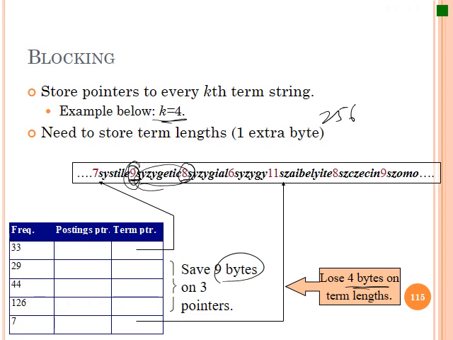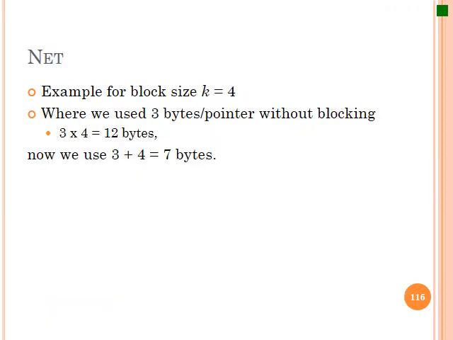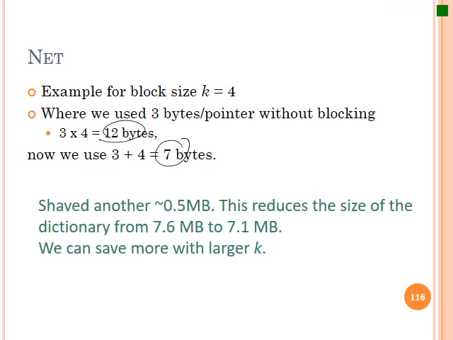You save 9 bytes, so the net gain is that you used 3 bytes per pointer without blocking, which is 12 bytes, and now you use 7 bytes. So that's a further 5 byte saving per block. This will shave another 0.5 megabytes, so now the total size of the dictionary is down from 7.6 megabytes to 7.1 megabytes.